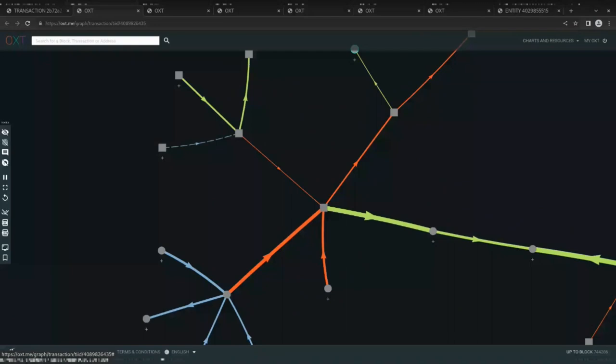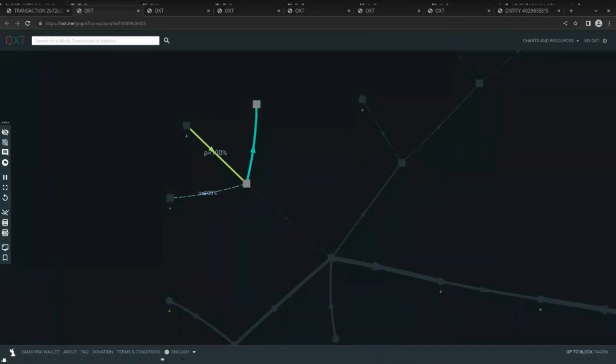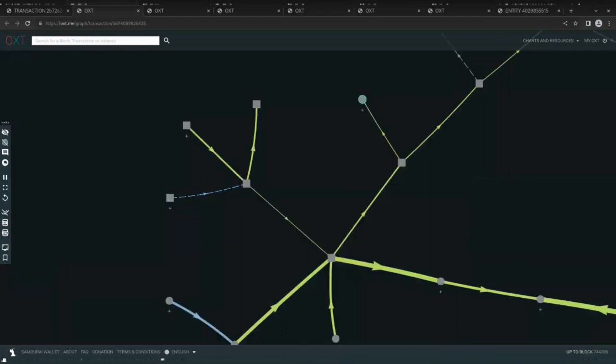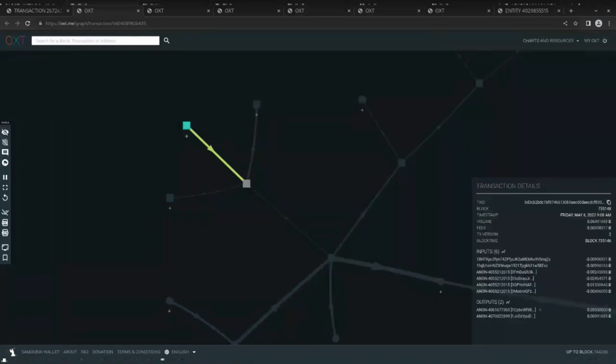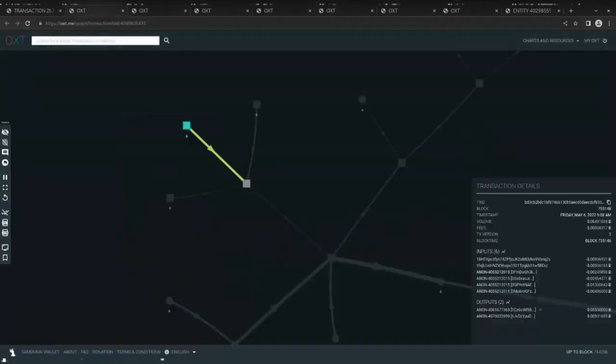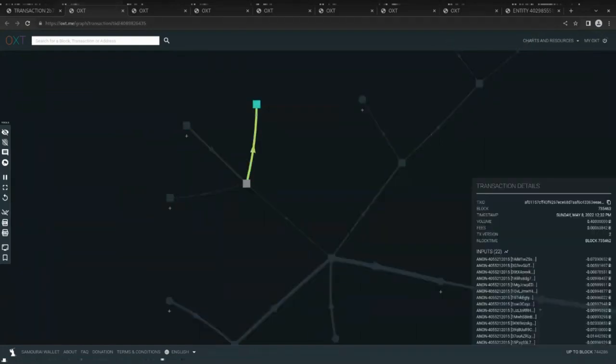So where were we? So this was a payment. This is a different fingerprint. Not sure we want to go that way. And this is a withdrawal from this entity. So this was a change output.